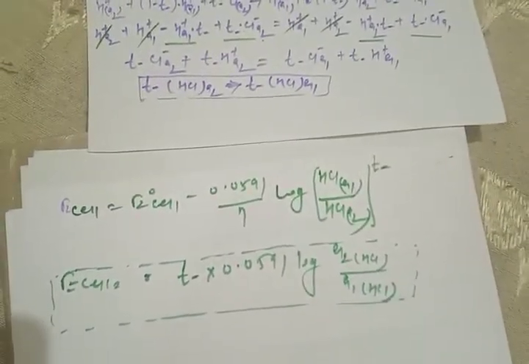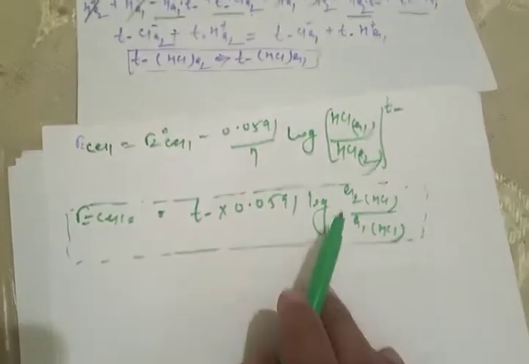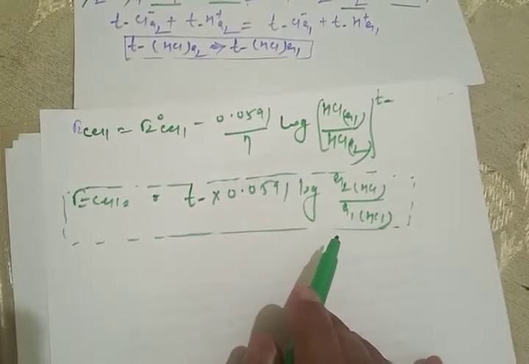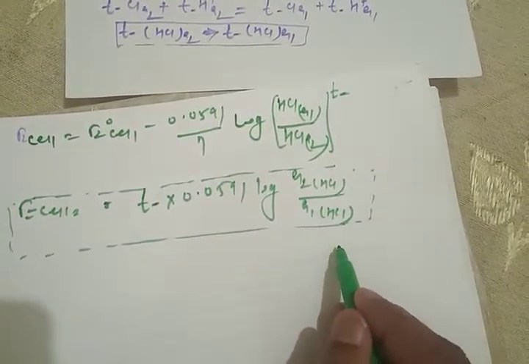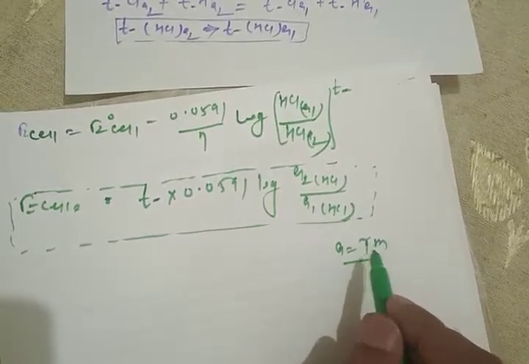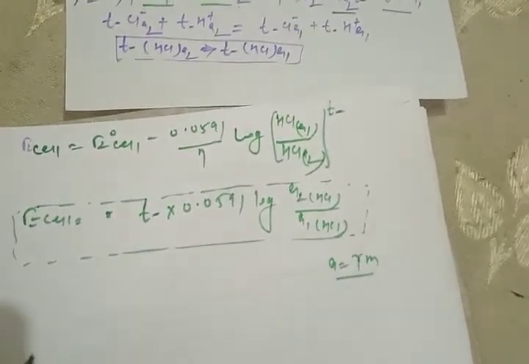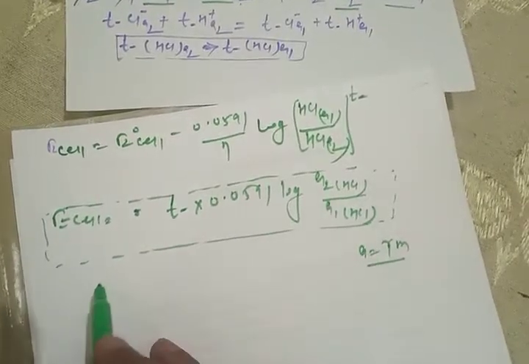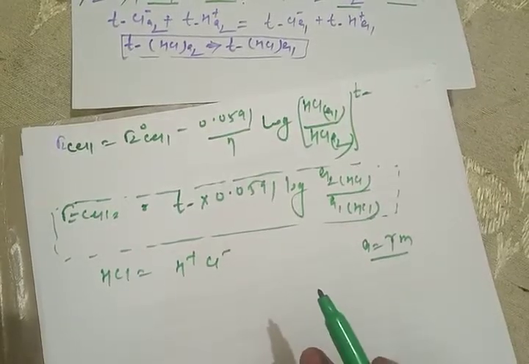Got it? Further, we can also calculate the activity, because we had already discussed activity. Activity is a term, if you remember that, A is gamma and molarity. Molarity, normality, molality, you can write anything. So activity is like this. Here if you are talking about SCl, for SCl the ions are H plus and Cl minus.